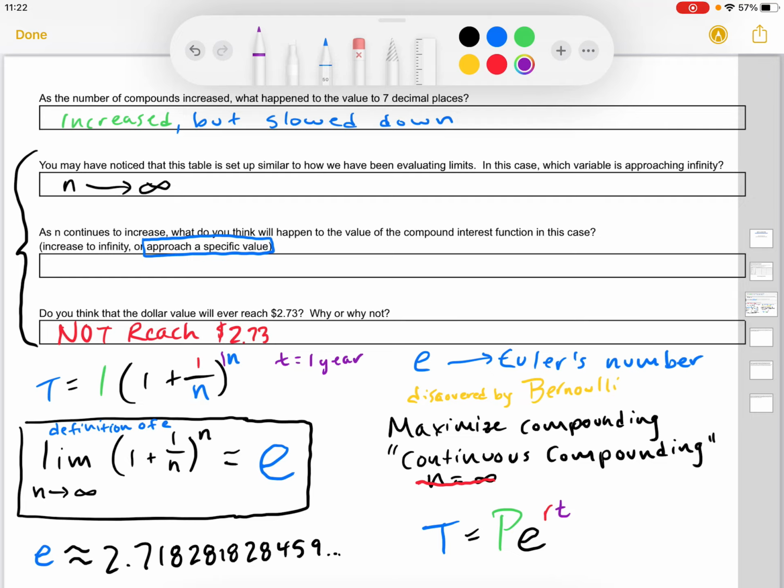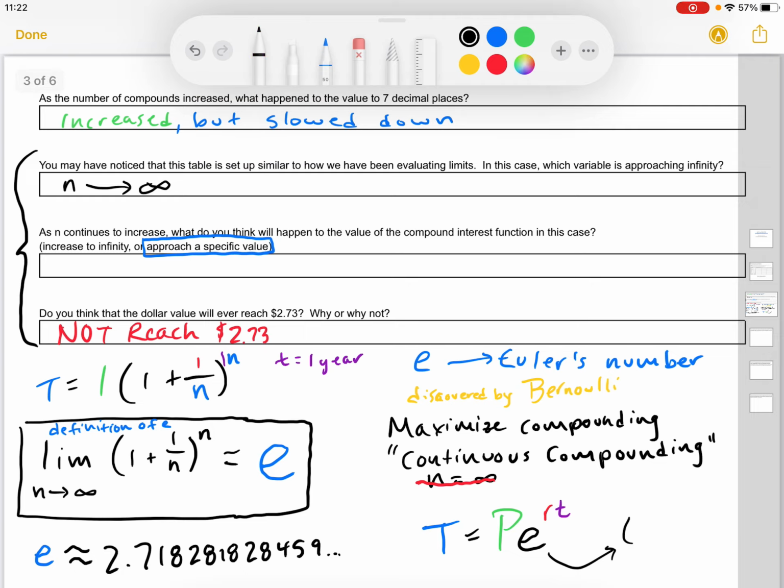A lot of people call this the PERT formula, and you can pretty easily see why they call it the PERT formula. So for continuous compounding, when you want to compound all the time or use n equal to infinity, e is going in instead of the 1, right?